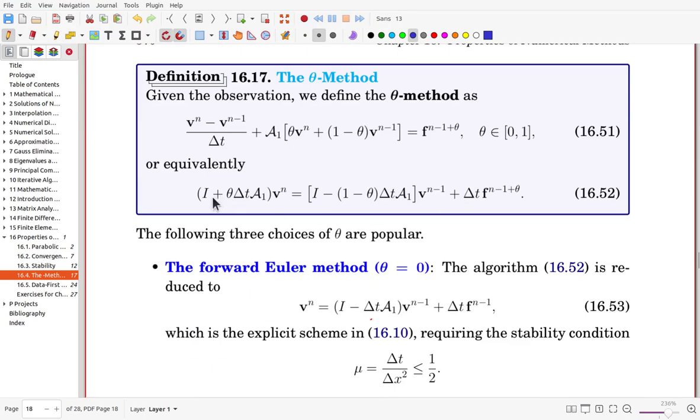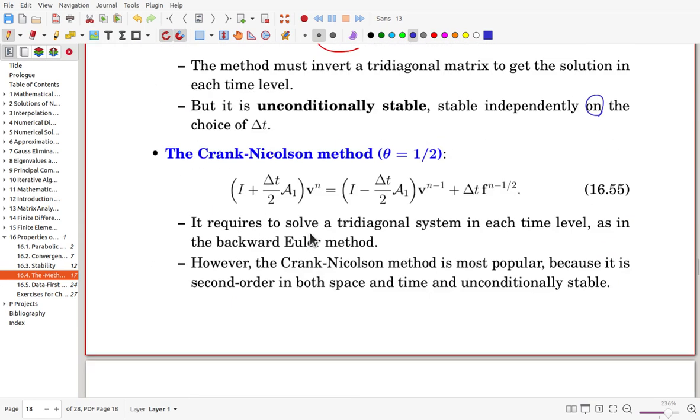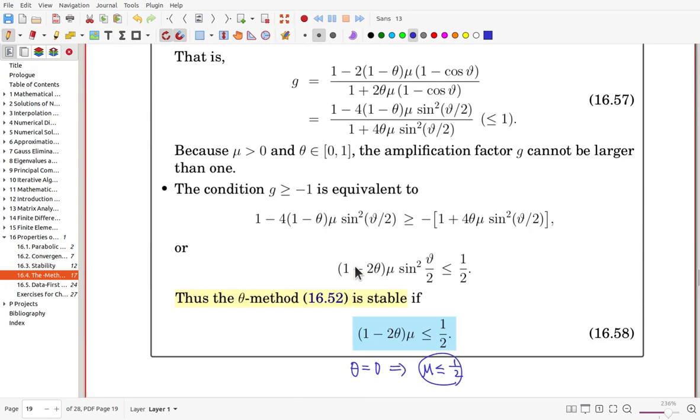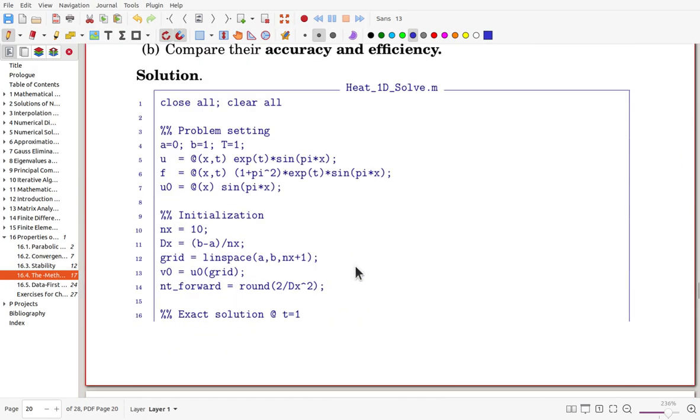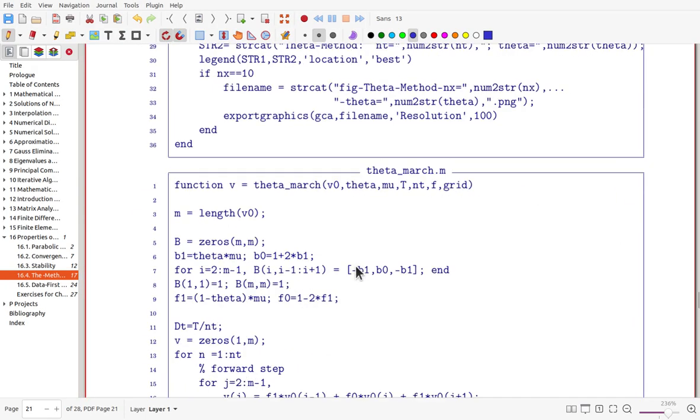Okay, this portion is now saved into matrix B. So after getting this portion and adding this source term, we try to invert to get the numerical solution at the nth level. That is the organization of the function.